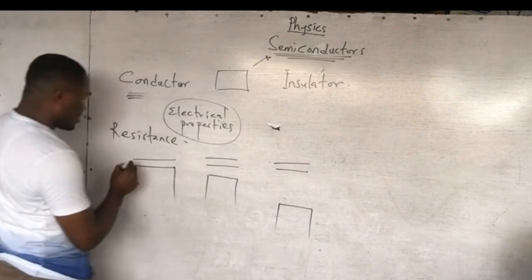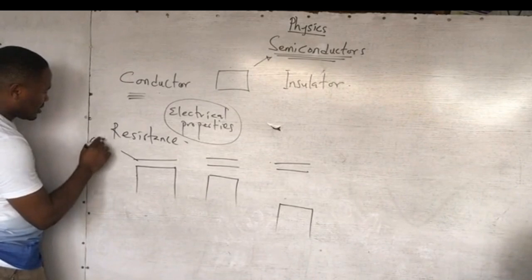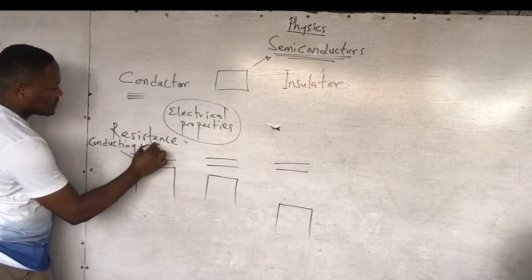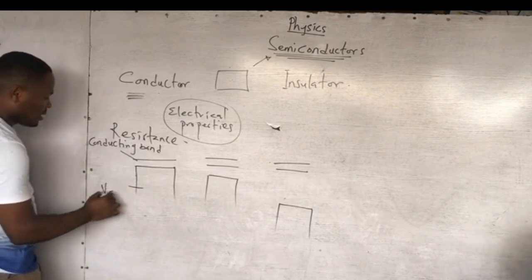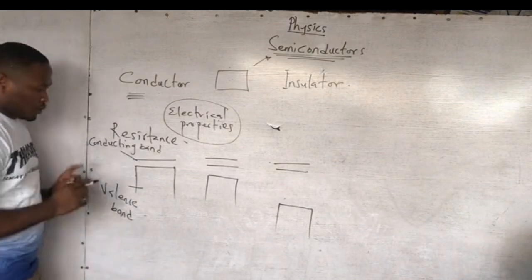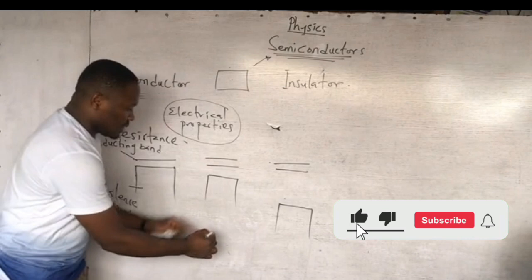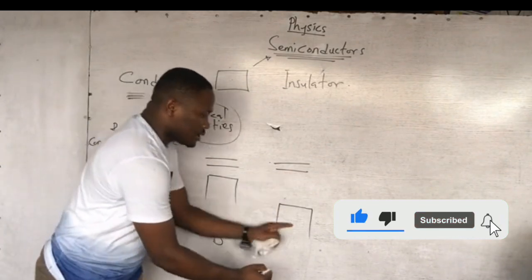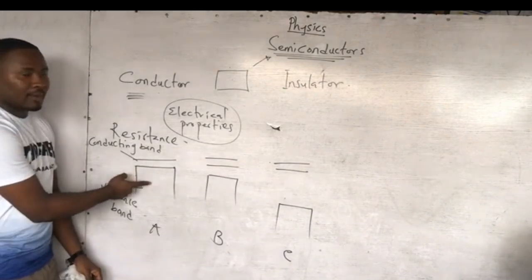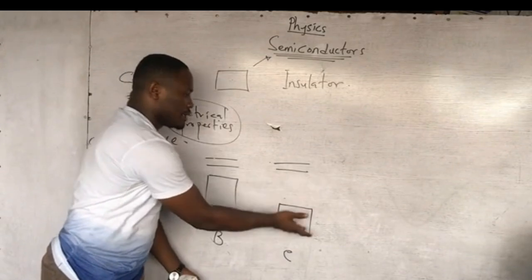I'll call this part the conducting band, then I'll call here the valence band. This to this is for A, this to this for B, then this to this for C, where here is the conducting band and here is the valence band, in each case.